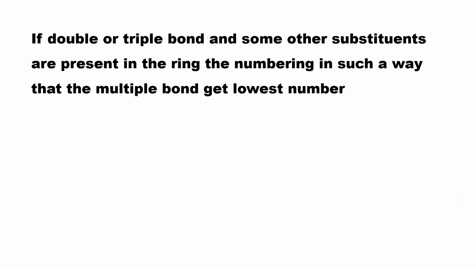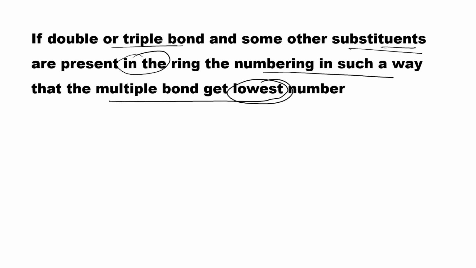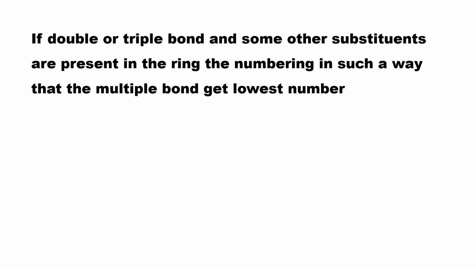Coming to the next one. If a double bond or triple bond and some other substituents are present in the ring, then the numbering is done in such a way that the double bond gets the lowest number, as per the rule we discussed in alkanes. The double bond should get the lowest number.